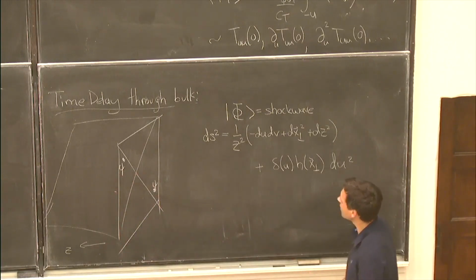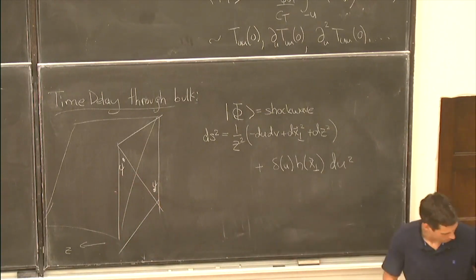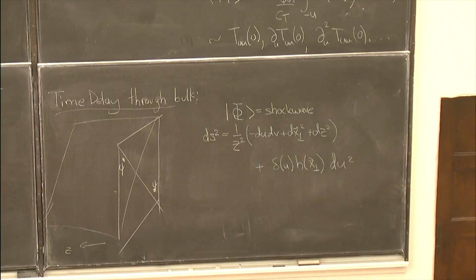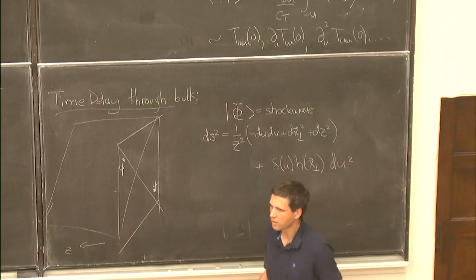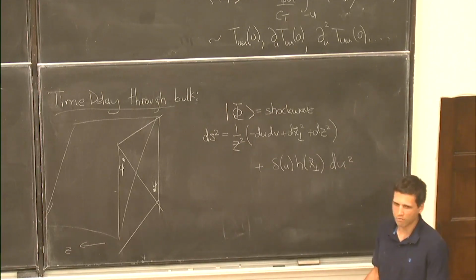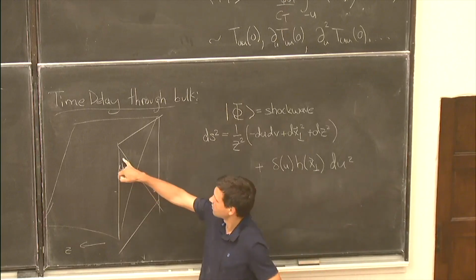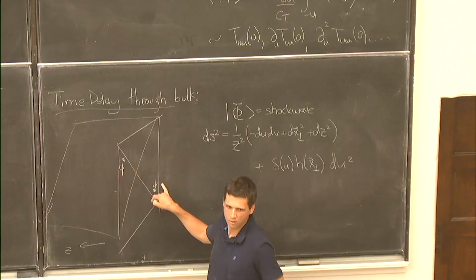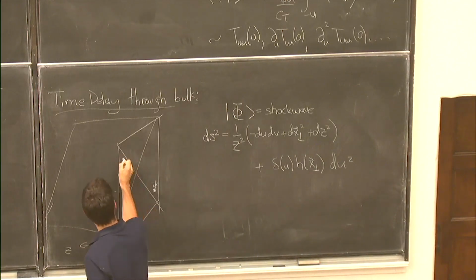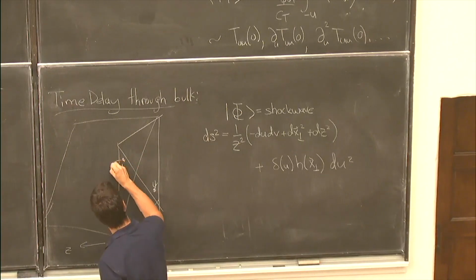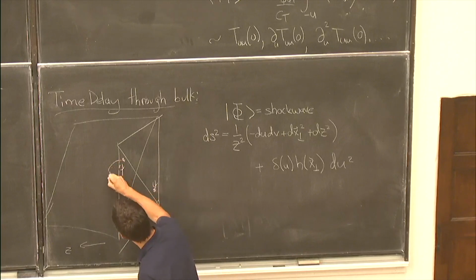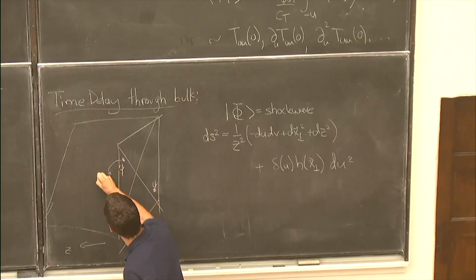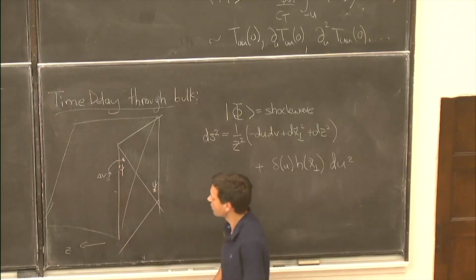Similar statements will apply to any state, but here I can draw a better picture. Then the calculation that we just did was the calculation of a space-like geodesic length connecting psi and psi, right? Okay, so there's a space-like geodesic that goes into the bulk. It hits the shock wave, and when it hits the shock wave, it jumps.